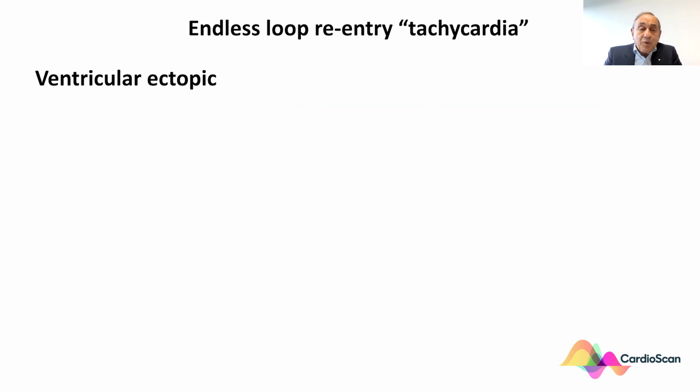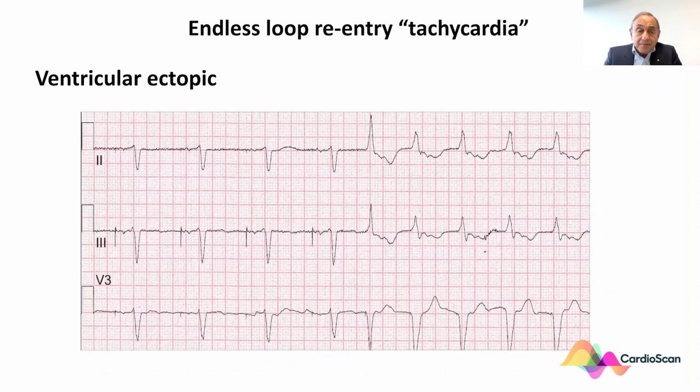Here is another example with a ventricular ectopic. We can see atrial pacing and ventricular sensing. There is a rate of 1,000 milliseconds or 60 beats per minute. There is a prolonged AV delay or period from atrial pacing to ventricular sensing.